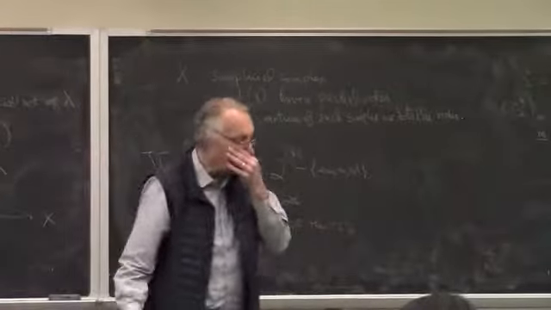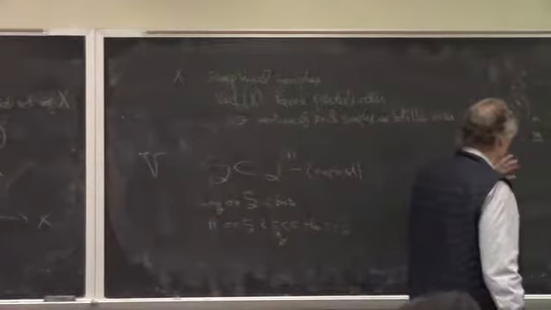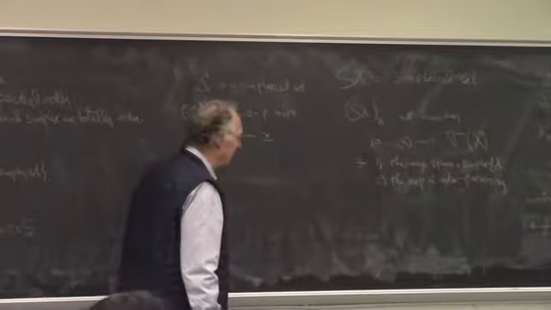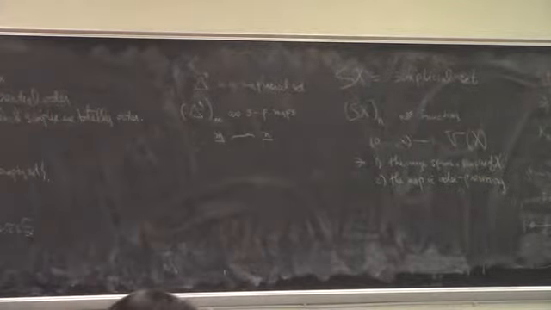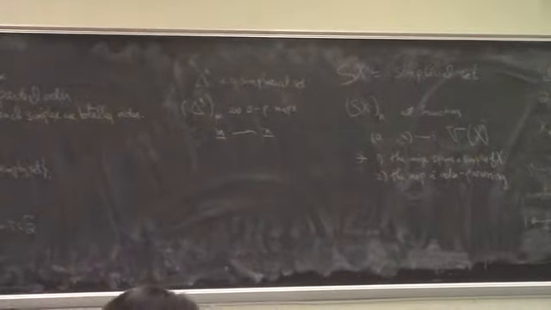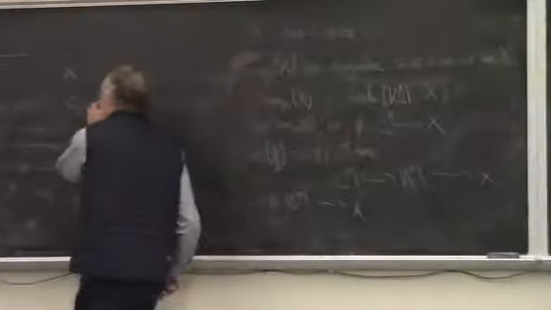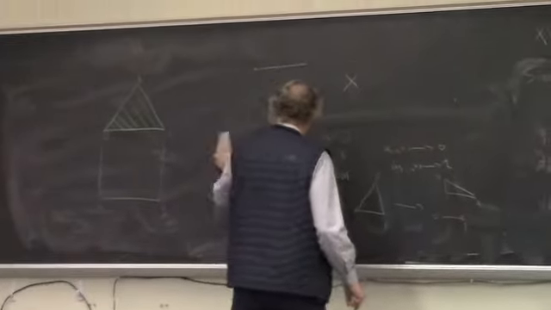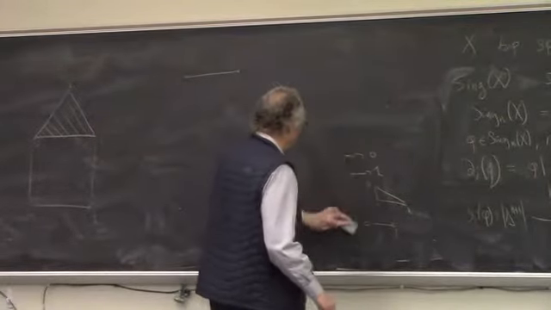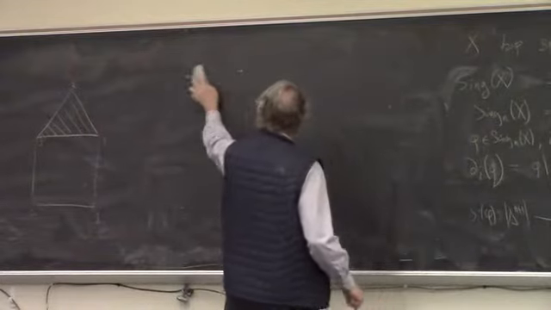Okay, so this is a way to go from certain topological spaces to simplicial sets. I'm going to give you a functor in the other direction. It goes from any simplicial set to a topological space.